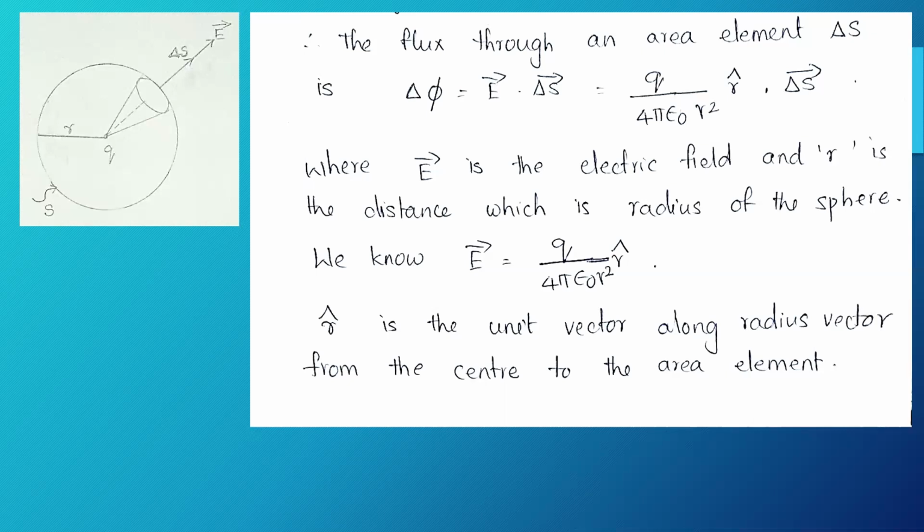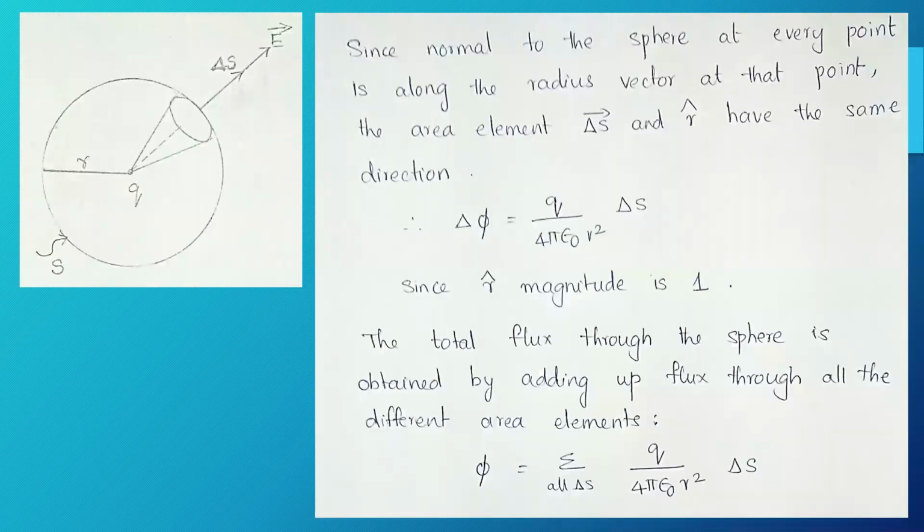In the case of a sphere, the direction of the normal and the electric field both are in the same direction. You can clearly see that the direction of the electric field and the area element both are in the same direction.